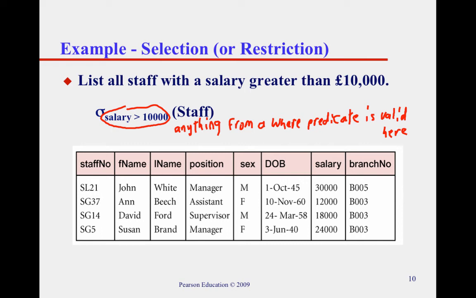Basically, the operations are Boolean operators, relational operators, and then what appears on the right-hand side could be strings, it could be regular expressions, etc.